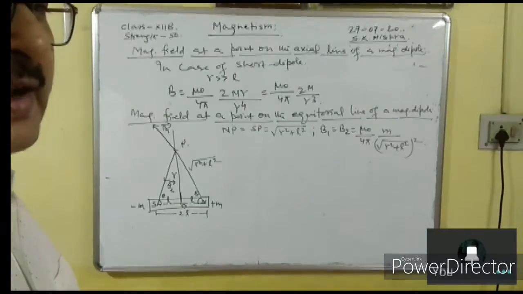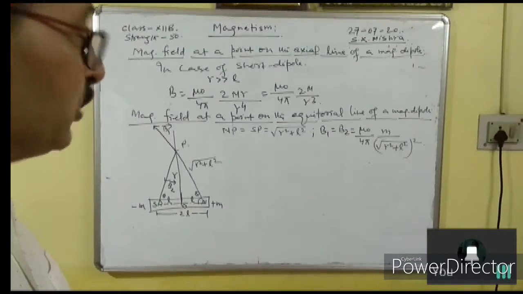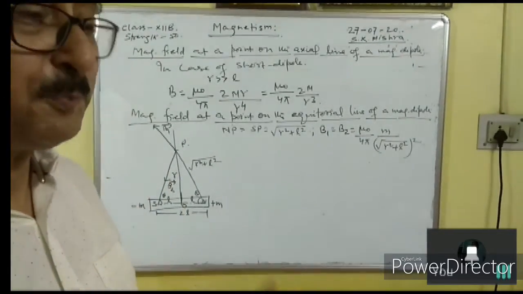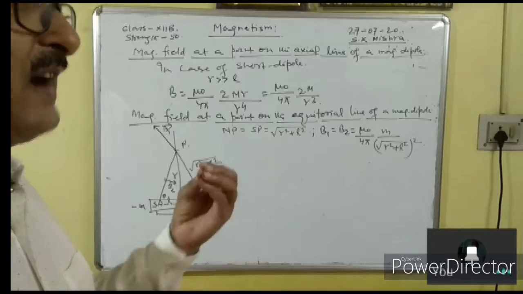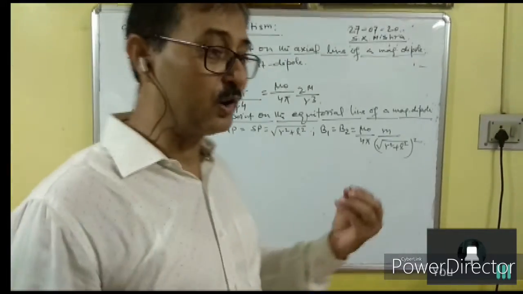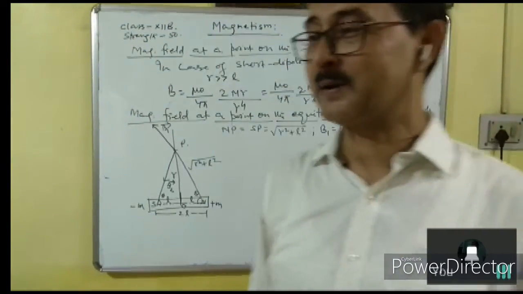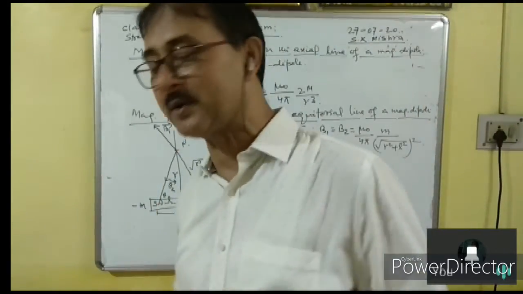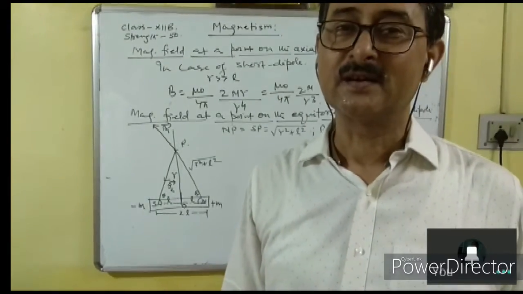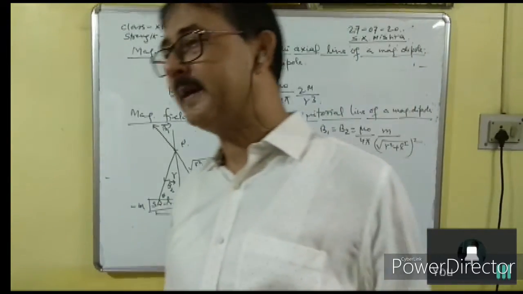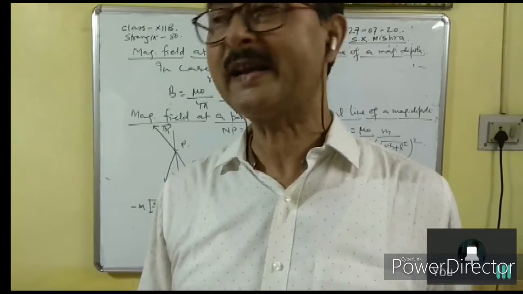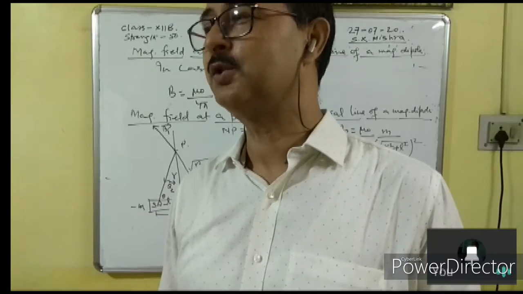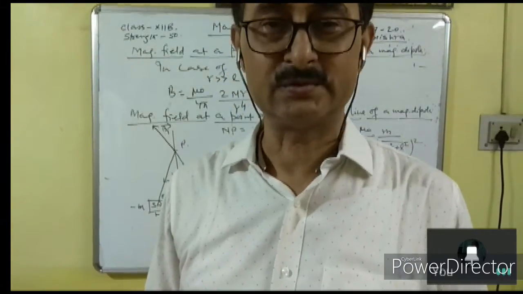Now, considering the equatorial line. Equatorial line is nothing but the perpendicular bisector. So we are considering here a magnet, north, south pole. This distance is 2L, so the half will be L. So that half will be L and that half will be L. And this is a perpendicular bisector, equatorial line.